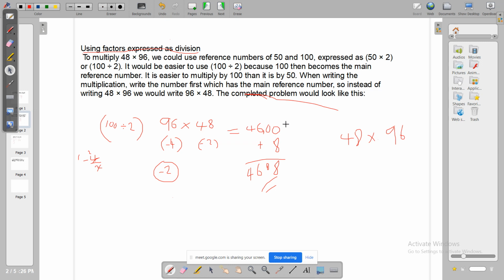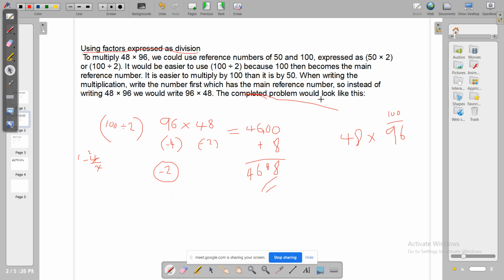Now we are using the 2 reference numbers. So you know what reference number you can get for 96? It's 100, right? Do you agree with me?